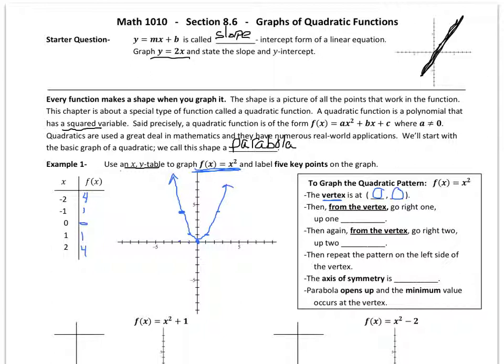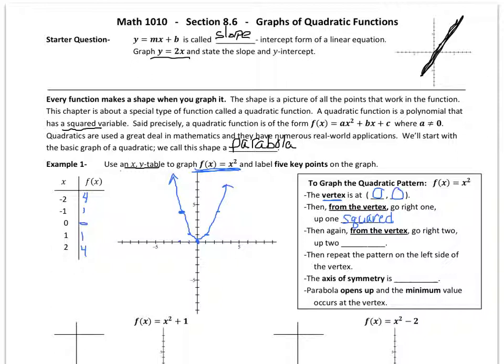Okay, now, in order to graph, watch this. From the vertex now, we're going to go right 1. Now, in this one, if we go right 1, we also go up 1, correct? But we're going to write this, and the reason for this is this. We're going to go up 1 squared. Now, what's 1 squared? 1, yeah, so we go up 1, right?